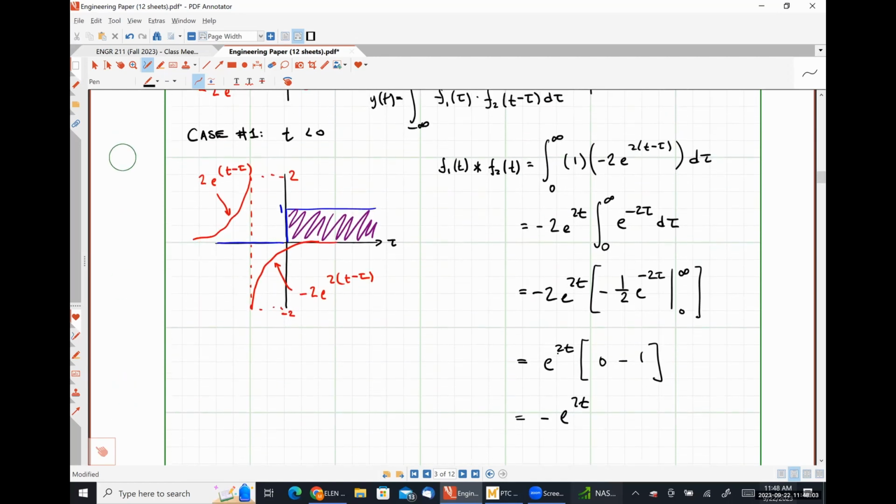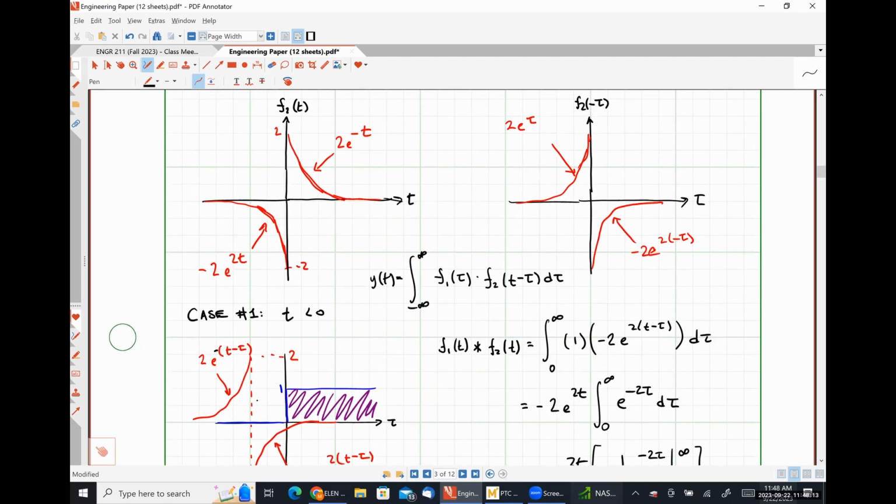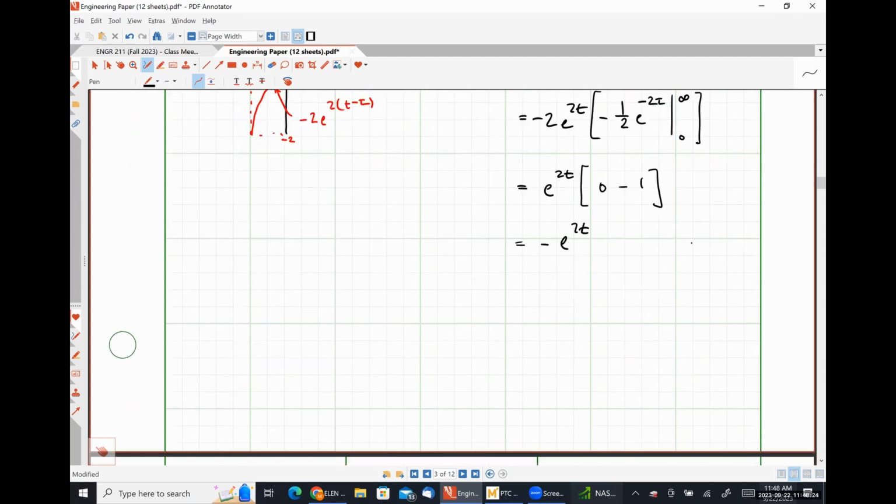So this should have had a negative sign there, and I just missed it. That's why I got it. All right, so let me just be really clear. 2e to the negative t is going to look like 2e to the negative t minus tau when I do that correctly. So thank you for that.